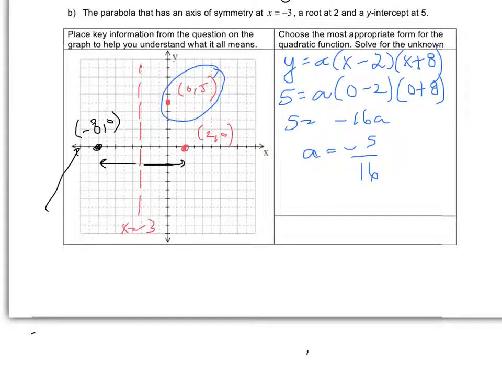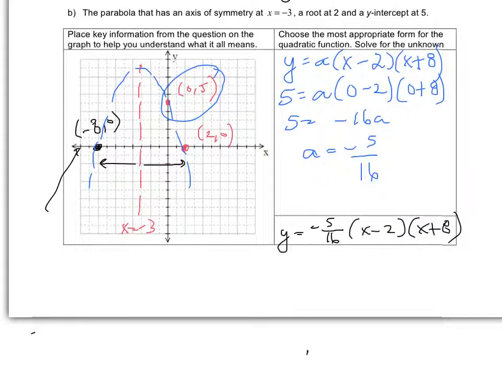This time my a turns out to be negative, and looking at my graph, that makes a lot of sense because though I don't know exactly where the vertex is, it definitely is above somewhere, so my graph can look something like that. My final step is, again, to write out the actual final answer: y is equal to negative 5 over 16(x minus 2)(x plus 8).